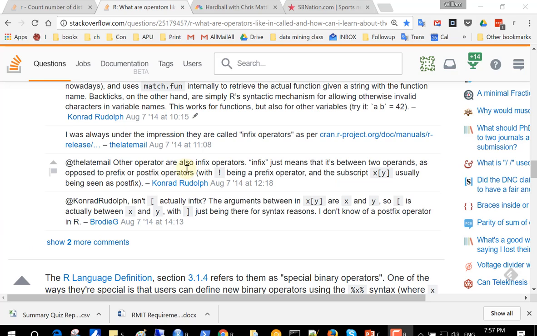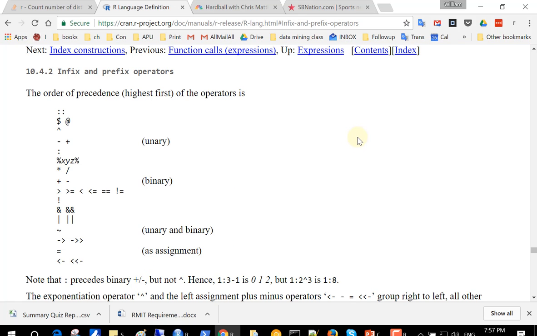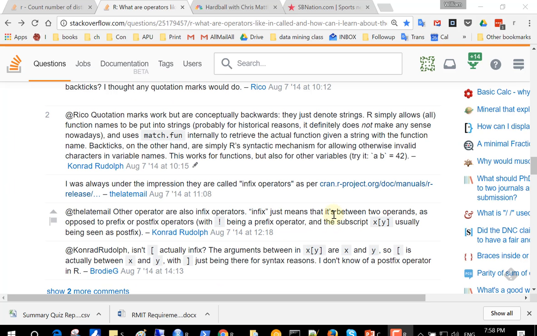So someone down here identifies them as infix operators. And he says you can check here in the R documentation, infix and prefix operators, with an explanation also here.